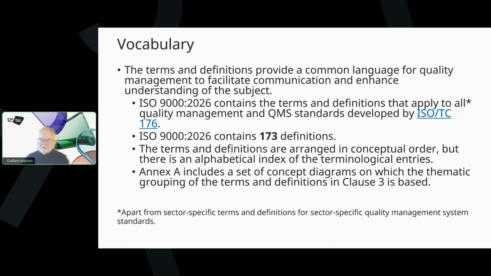So although we say that 9000 doesn't actually imply requirements, if 9001, and it does, refers to 9000 as a normative reference, that means that all of these terms that are in 9000 have that meaning when they're used in 9001. And this is very important for communication.